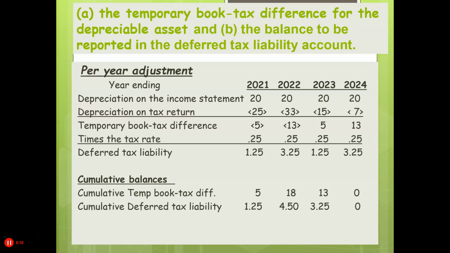Well, if you look at our deferred tax liability, first our temporary difference is 5, and then you add the 13, that gives you 18, and then it's reduced to 13, and then it goes down to 0. And the same thing happens, because remember, at the end of the 4 years, it totals the same amount. It's just what year it's hitting.